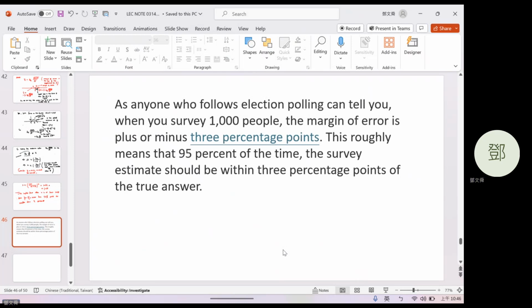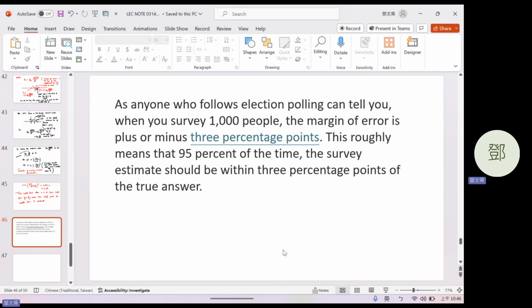So they clip the number to 1,000, because 1,000 is simpler, easier to remember, to memorize, and 1,000 is very close to 1,067 or 68. The margin of error is plus or minus 3 percentage points.